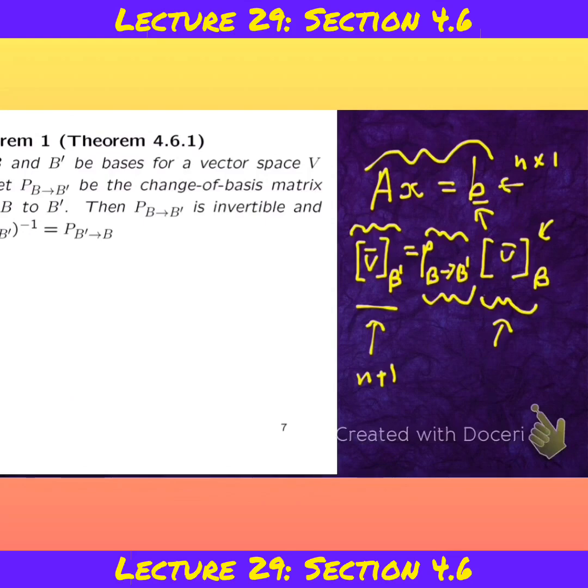And the inverse of this matrix will in fact be this matrix. Again, you can follow a similar argument to what we did in the beginning of the lesson, reverse the B and the B prime, and see why that is in fact the case.